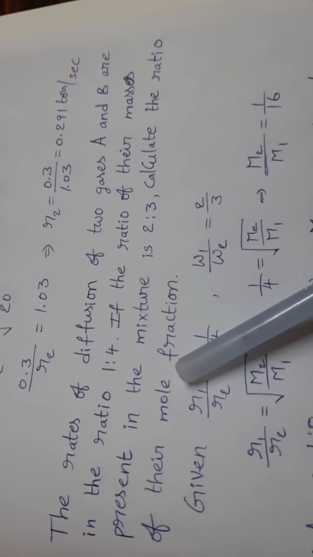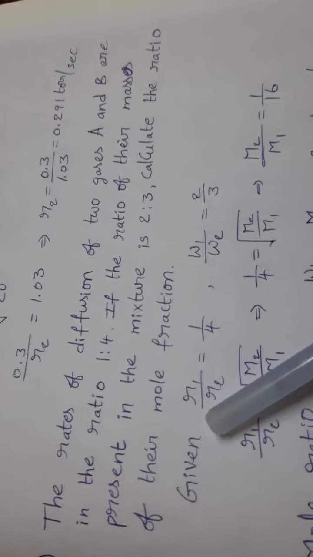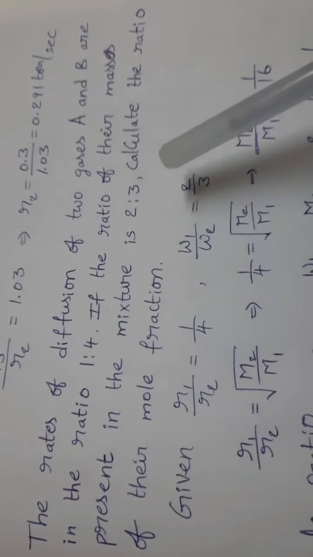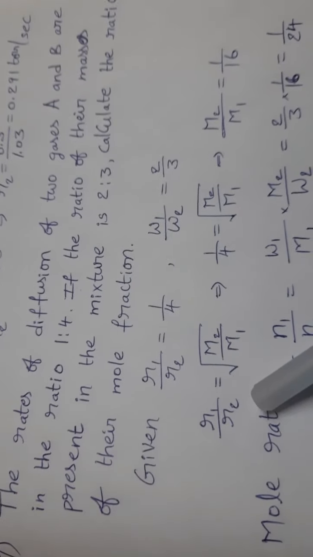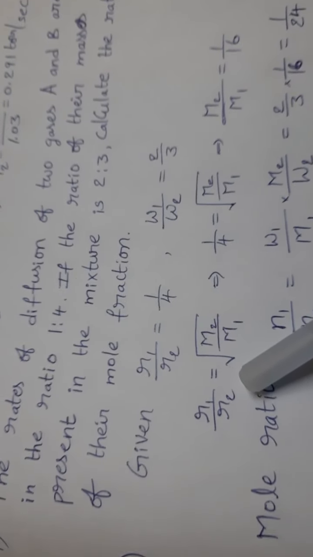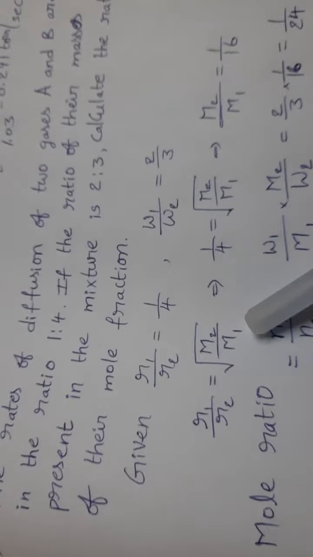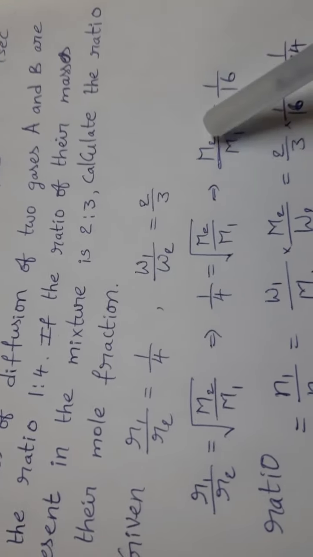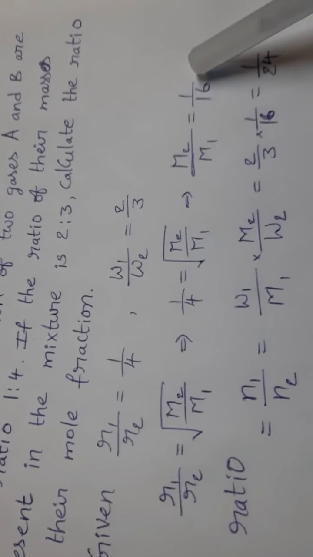Given R1 by R2 equal to 1 by 4, W1 by W2 equal to 2 by 3. So we know the formula R1 by R2 equal to square root of M2 by M1. That implies 1 by 4 equal to this. So from this we can get M2 by M1 equal to 1 by 16.